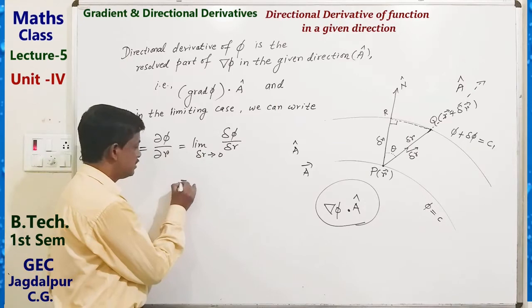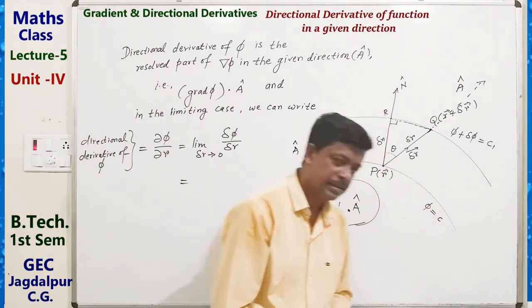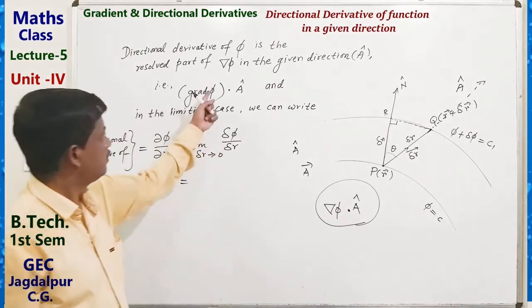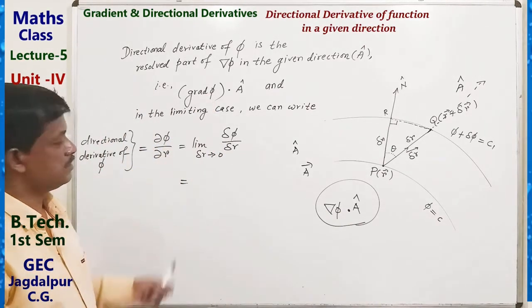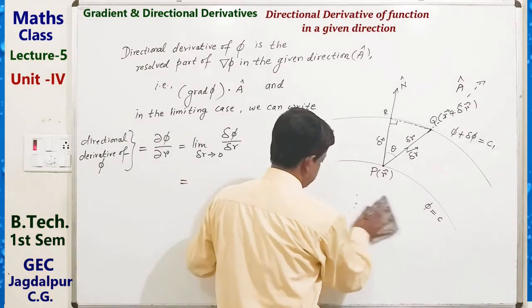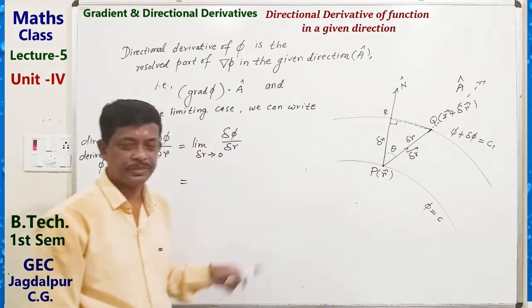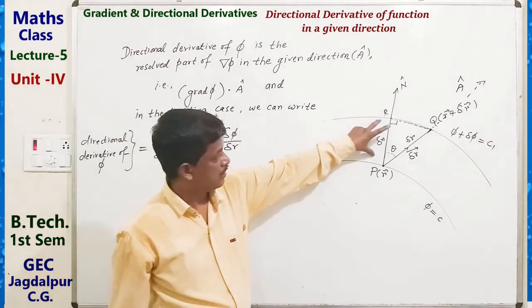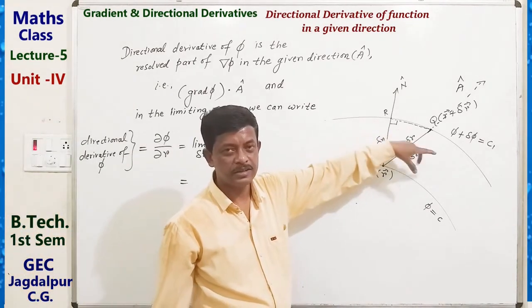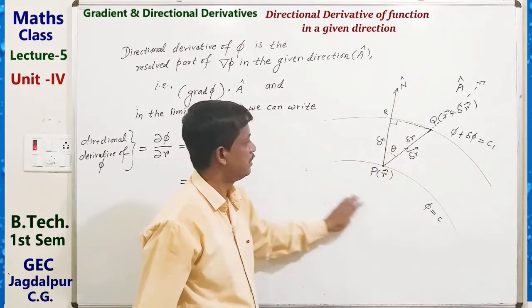Now this can be written in this form. We can derive it. How? This is delta n, this is delta r.